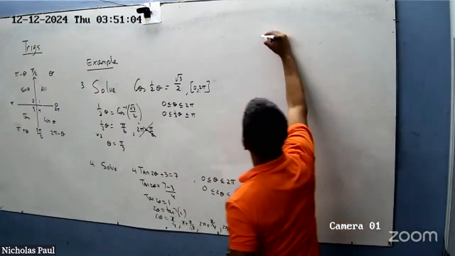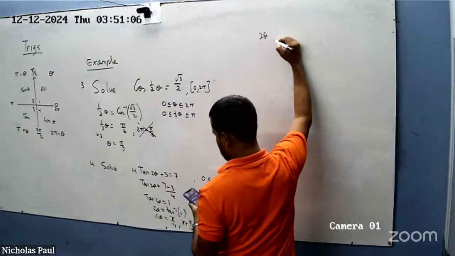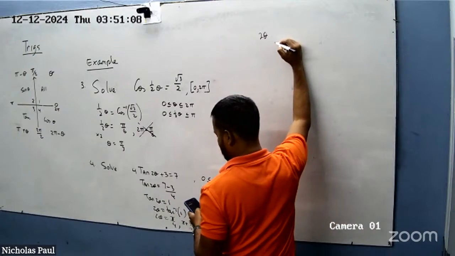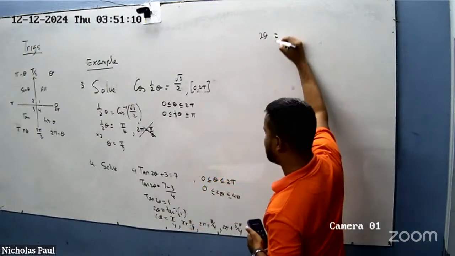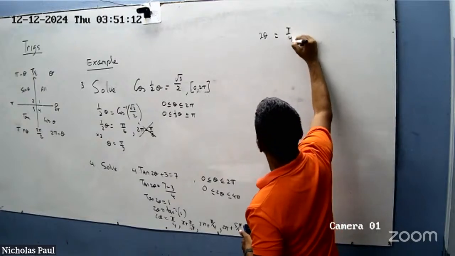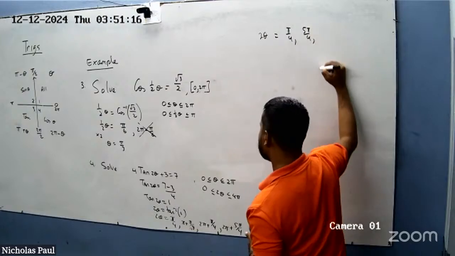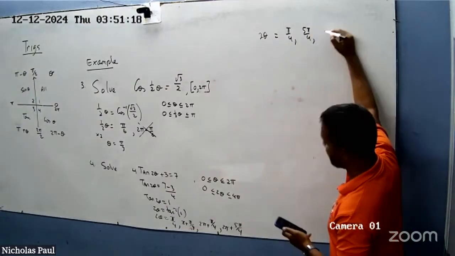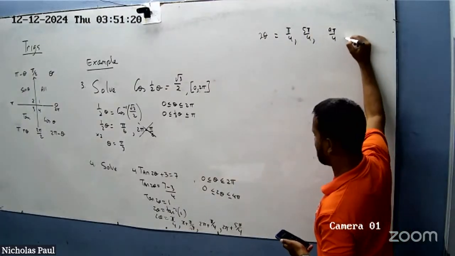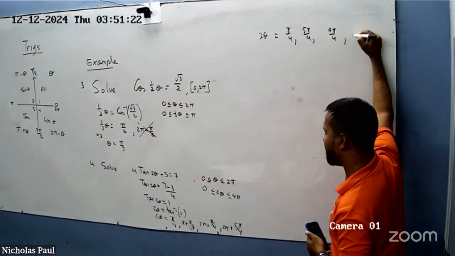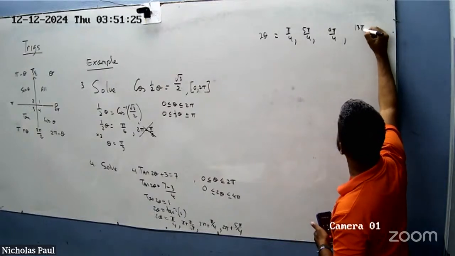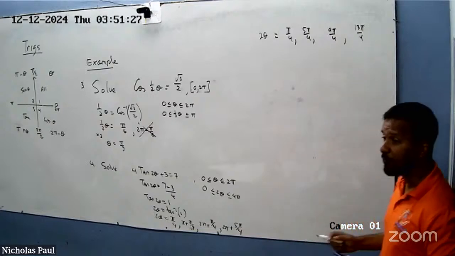So for 2 theta we have pi on 4, 5 pi on 4, 9 pi on 4, and the next one is 13 pi on 4. Right? 4 values.